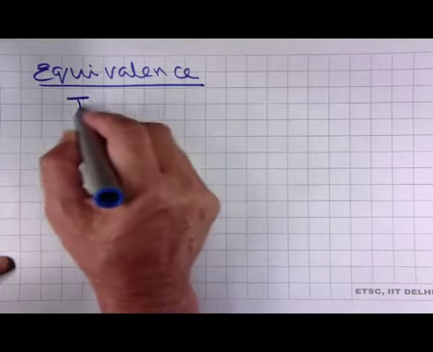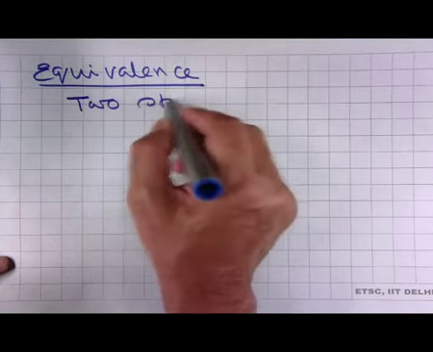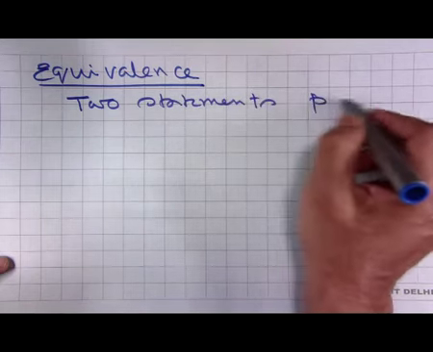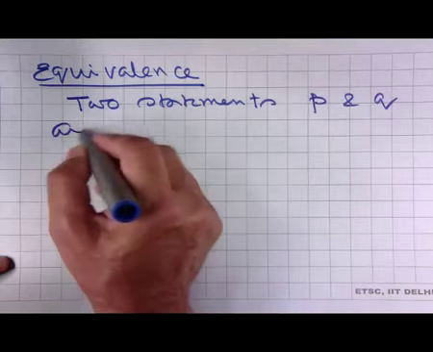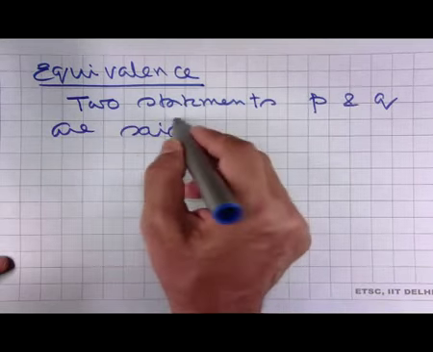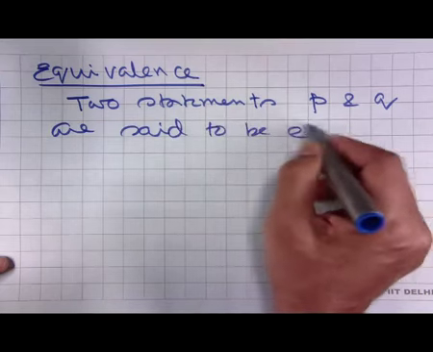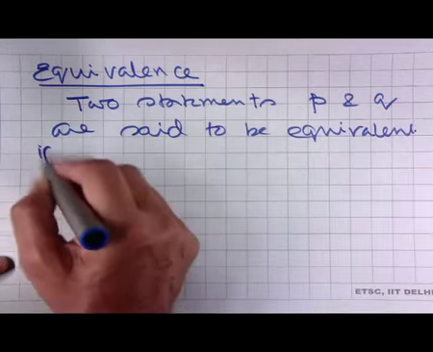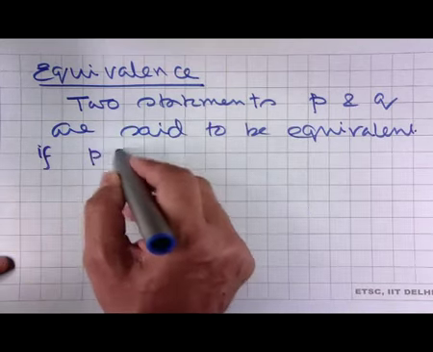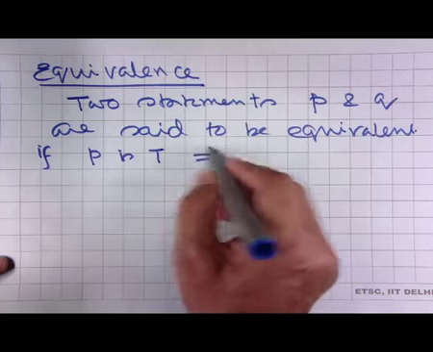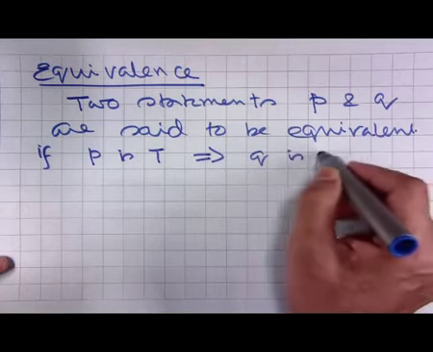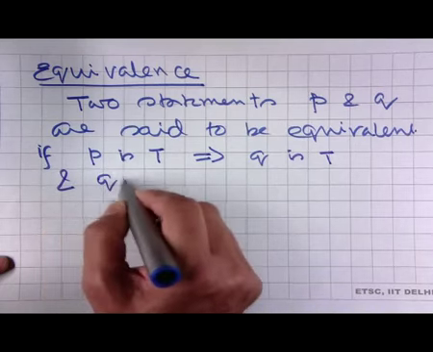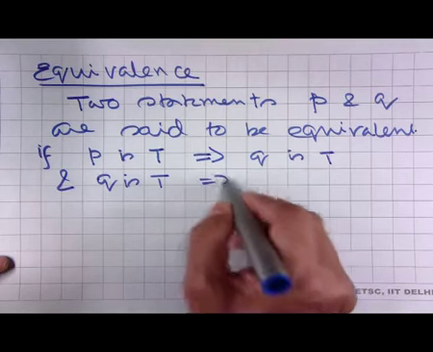Two statements P and Q are said to be equivalent if P is true implies Q is true and Q is true implies P is true.